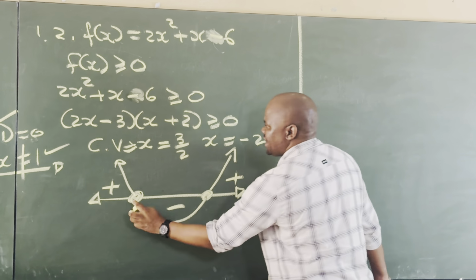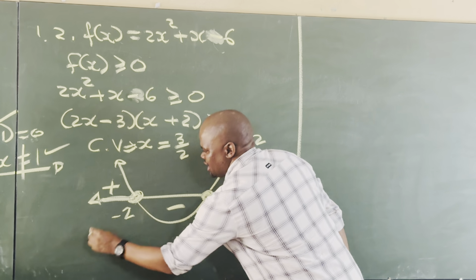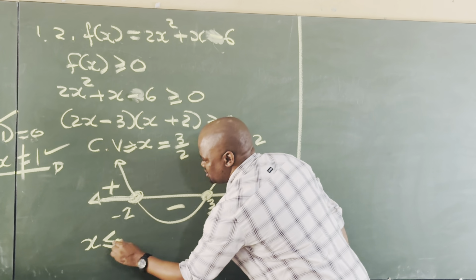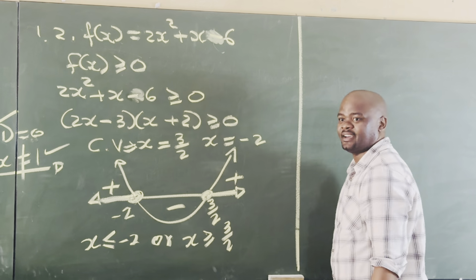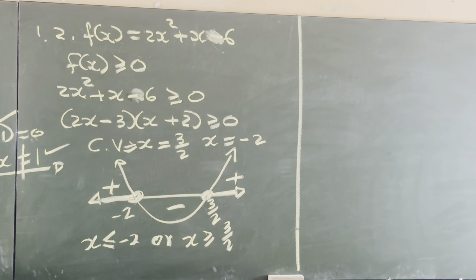We are looking for the values of x that will make this function positive, since it's greater than 0. So where is our positive solutions? Where x is less or equal to negative 2, or where x is greater or equal to 3 over 2. Then we have our solutions. Are we okay with that?